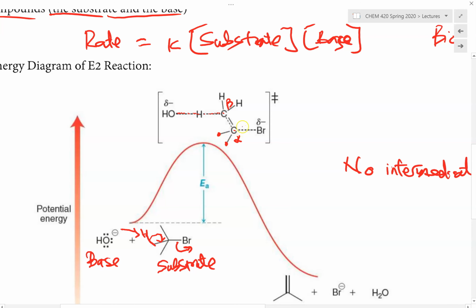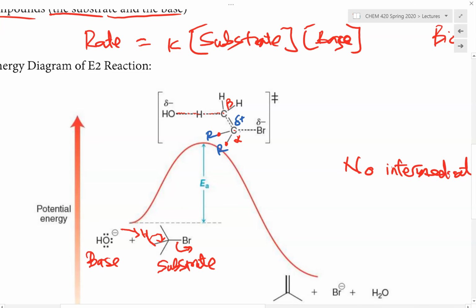So in this case right here, this alpha carbon is actually carrying a positive charge in the transition state, and therefore the more bulky, or the more substitution this alpha carbon has, the more it can donate electrons to stabilize the positive charge on this carbon in the transition state, and thus stabilize the whole structure of this entire molecule, making this transition state structure have lower energy and therefore easier to react.